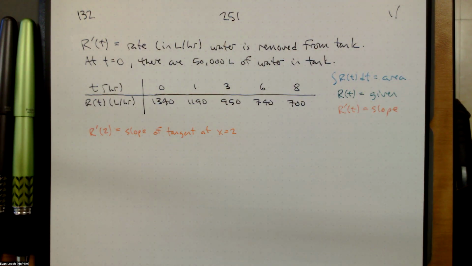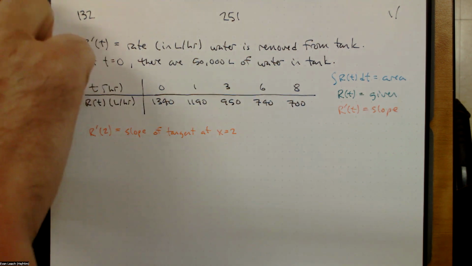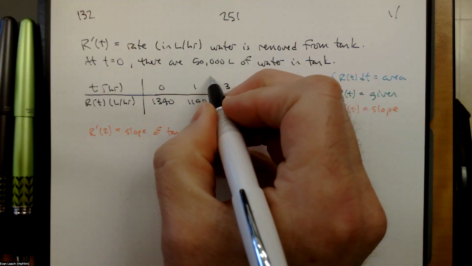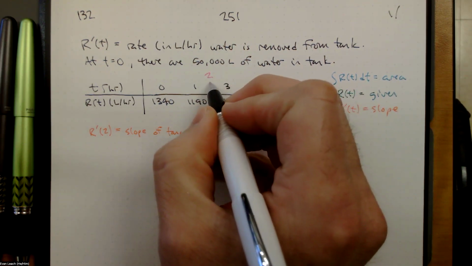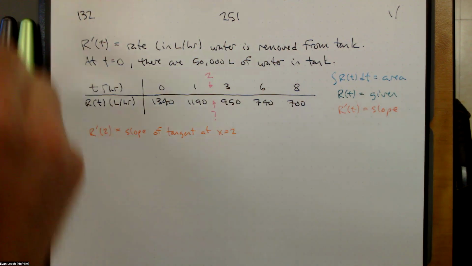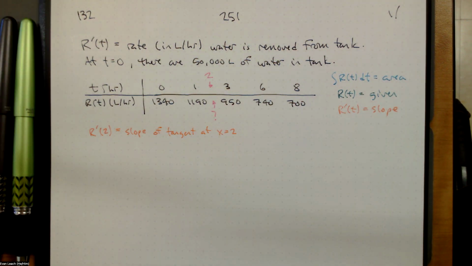Now, the problem with the first two questions anyway, is that I did not tell you what was going on at 2. So there is a missing piece of the graph. So we don't have information about what's going on at 2. That's why it said estimate in all these problems. We don't know what's going on at 2.